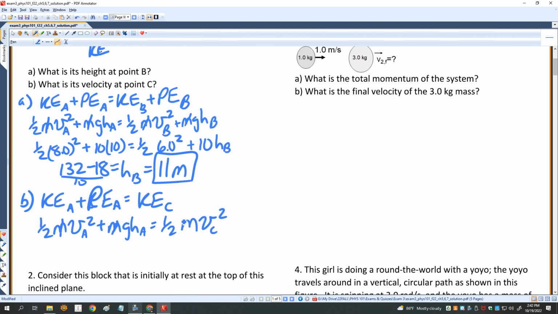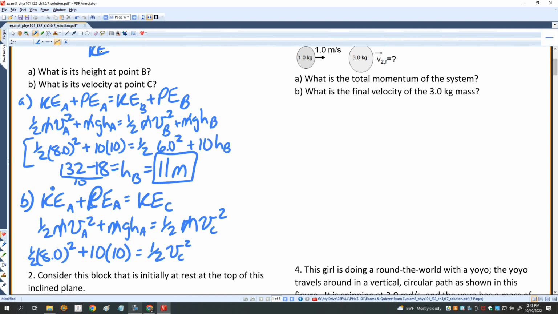Again, my masses cancel. I'm just doing the same as what I had up here. That side's the same. Equals 1/2 of VC squared.